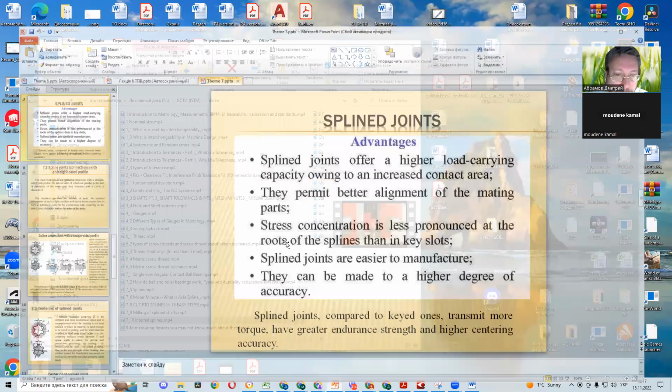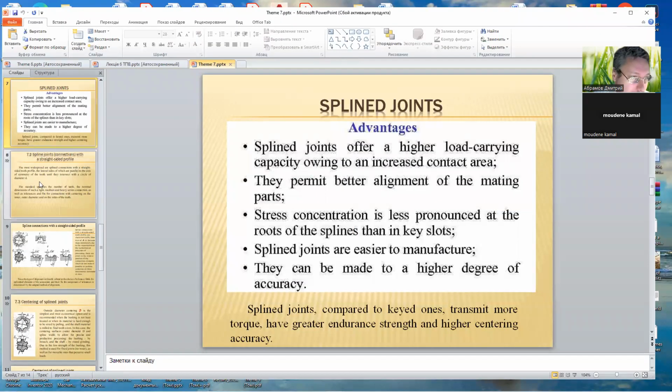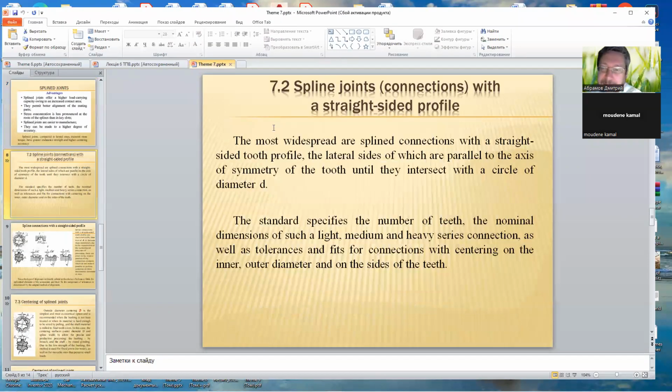So we return to our presentation. And we start item 7.2, spline joints with a straight-sided profile.